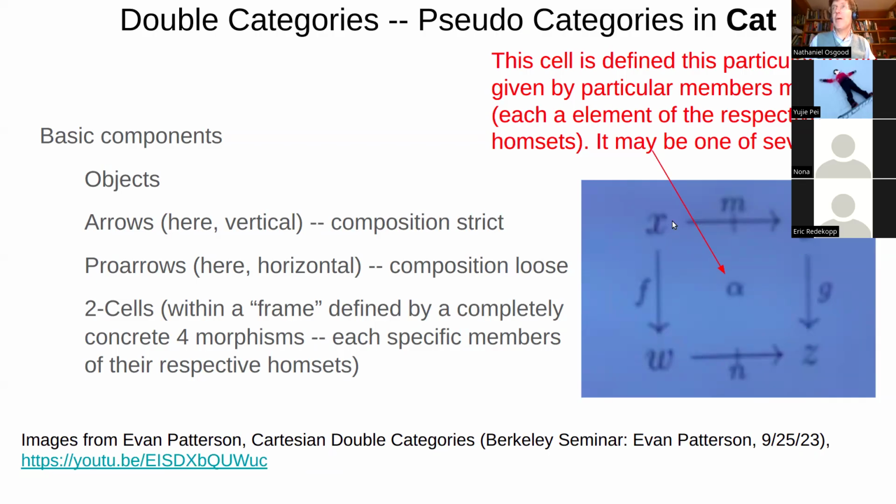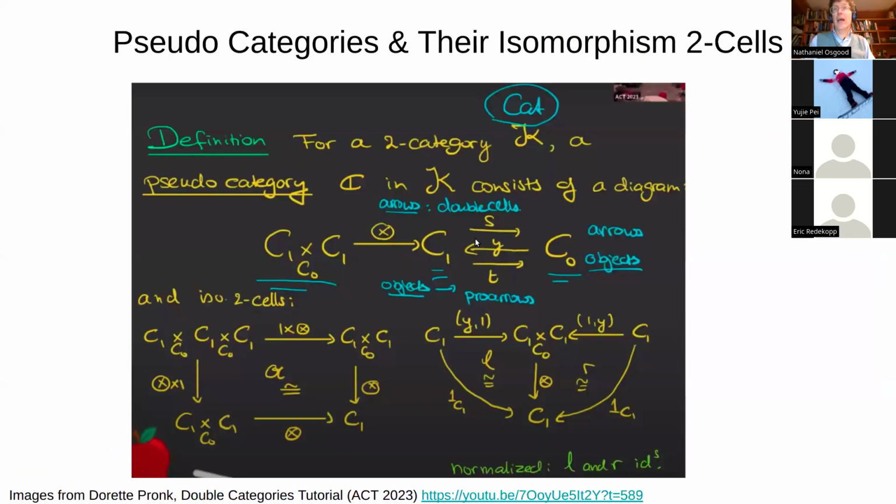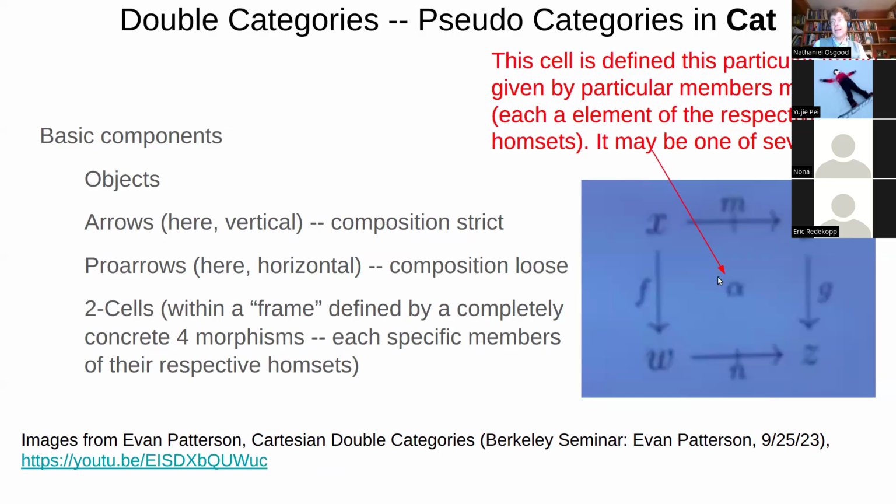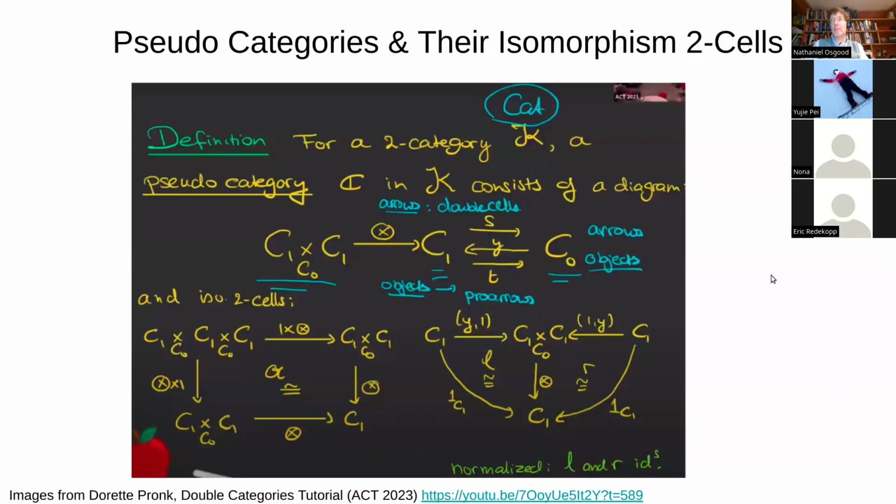That's an identity pro arrow, right? And the double cell is the identity cell. It's an identity relationship between the top and bottom.